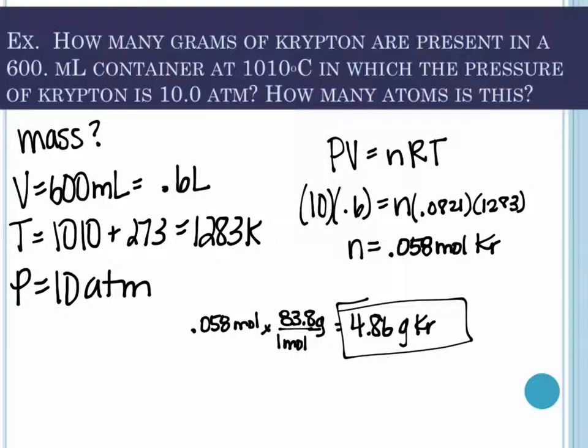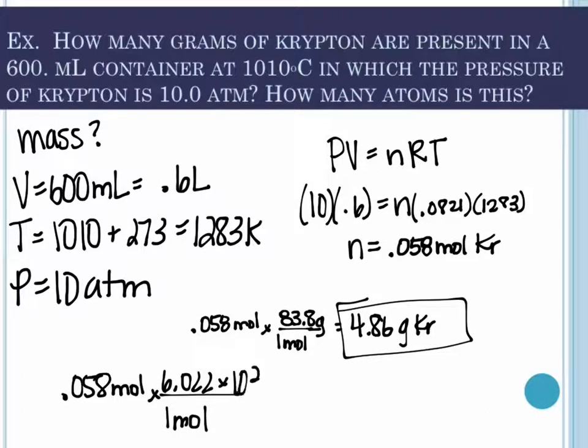We're not done yet, because now let's know how many molecules that is. So I can go from moles to molecules just by using Avogadro's number. So 0.058 moles. And for every 1 mole of any substance, there are 6.022 times 10 to the 23 atoms.